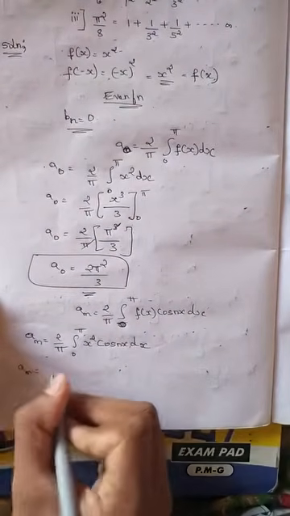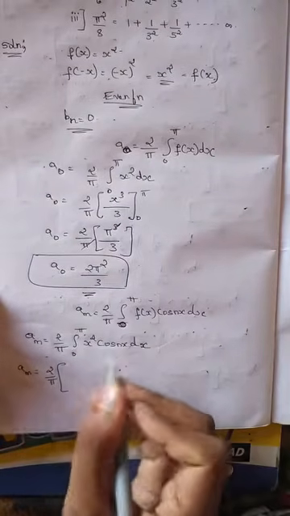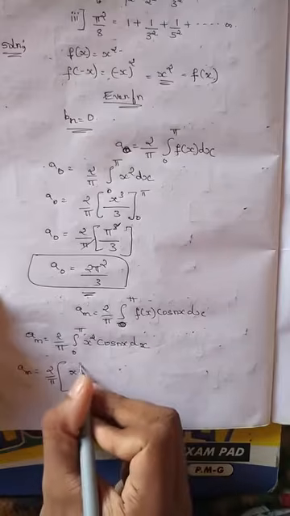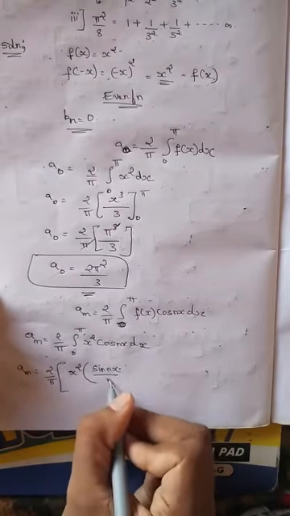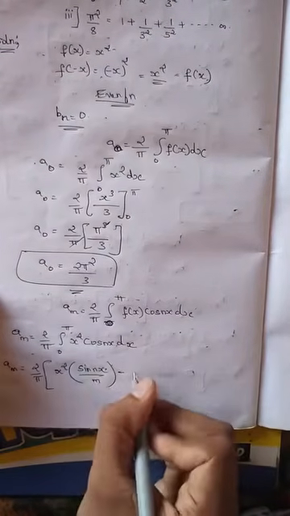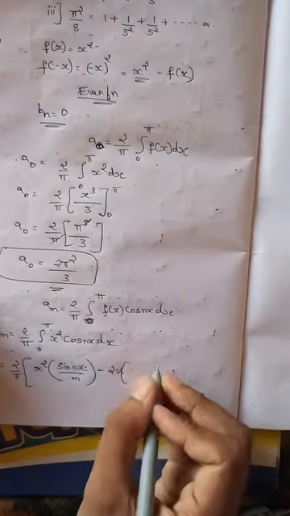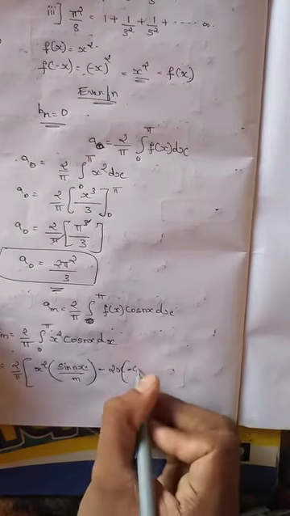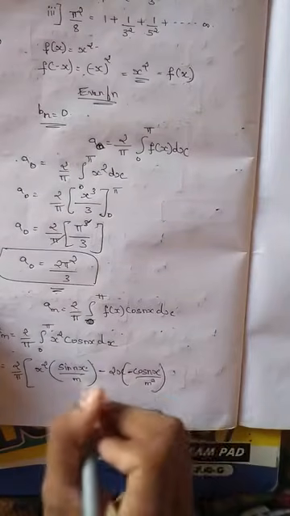So an equal to 2 by pi. Again same thing, we need to use Bernoulli's rule. First function into integration of second function sin nx by n, minus the differentiation of first function, that is 2x, into the integration of the integrated function. Again, so this goes on.